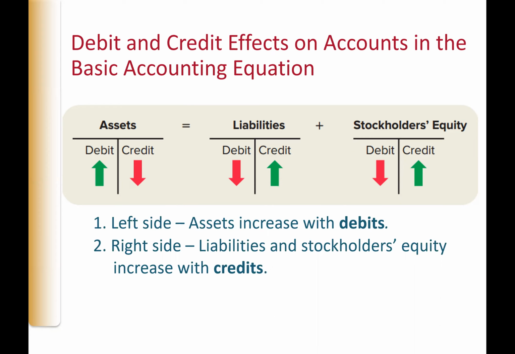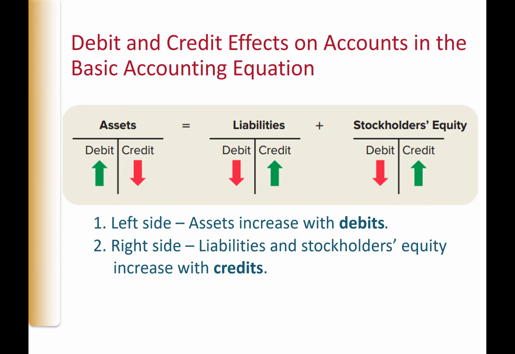If there's one thing I want you to do this week, you know how last week I said the accounting equation is everything. This slide right here is everything. I want you to have this in your notes. Assets with the T account below.